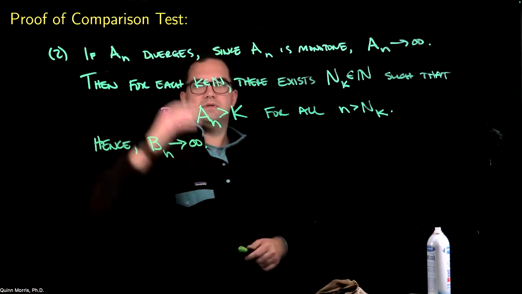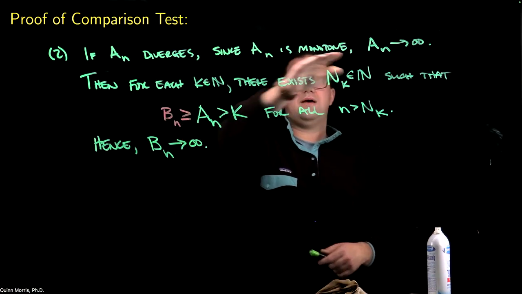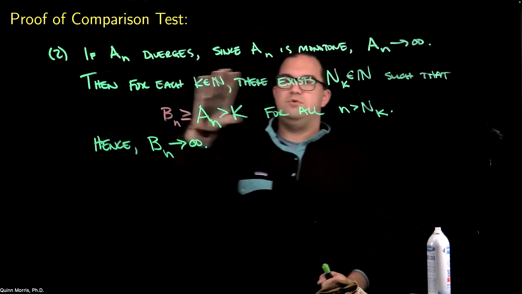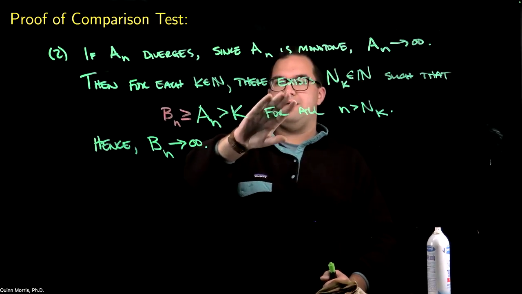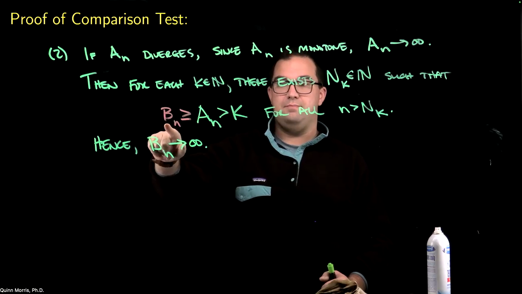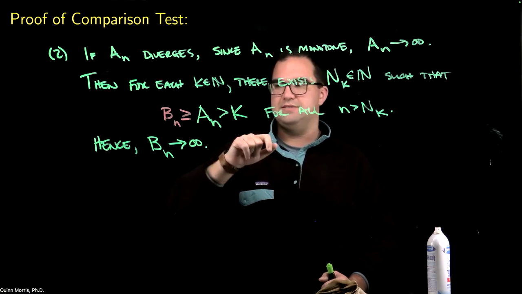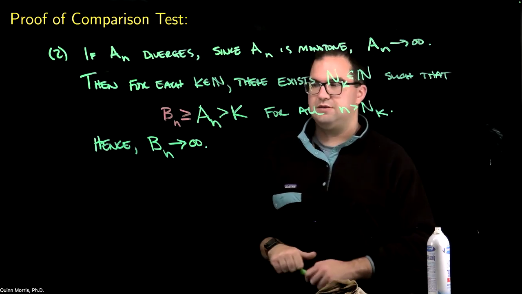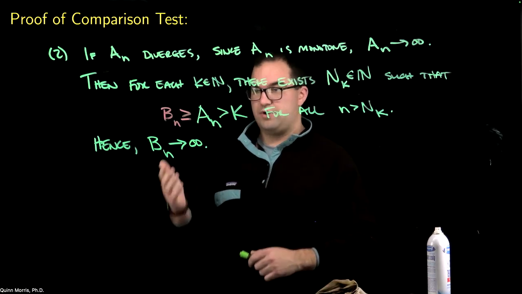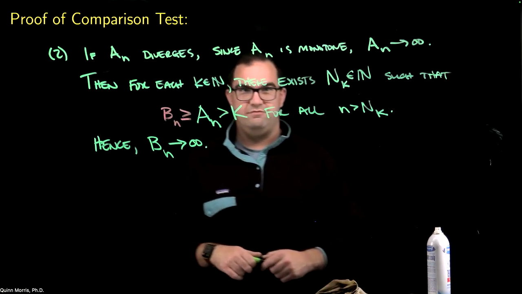Okay, so since A sub n diverges, it must diverge to infinity. We just write out what it means for A sub n to diverge to infinity. We use the fact that the B sub n's are always greater than or equal to the A sub n's, and hence this by definition actually just straight up tells us that the B sub n's diverge to infinity.